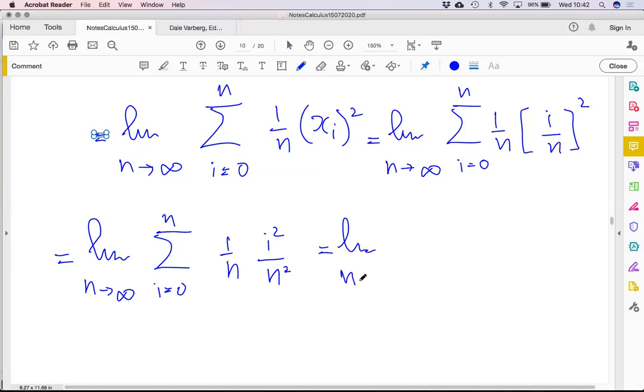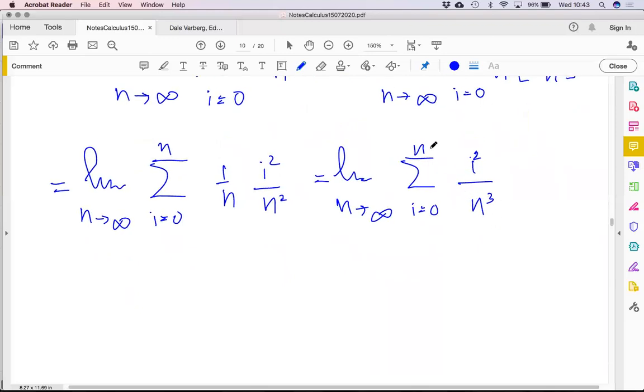Limit as n goes to infinity of the sum from 0 until n of i squared over n cubed. Look at this, because the sum depends on the value of i, therefore the value of n in here is a constant.